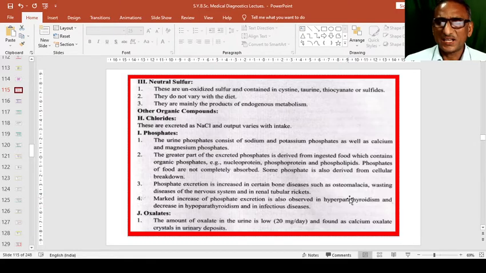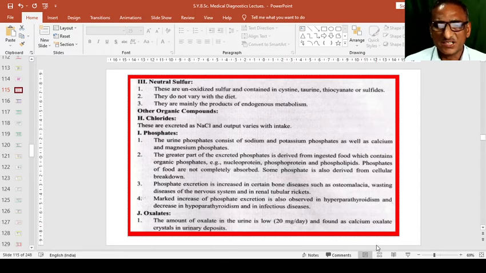That is osteomalacia, wasting disease of the nervous system, and renal tubular rickets. Then marked increase in phosphate excretion is also observed in hyperparathyroidism, and decrease in hypoparathyroidism and in some infectious diseases.